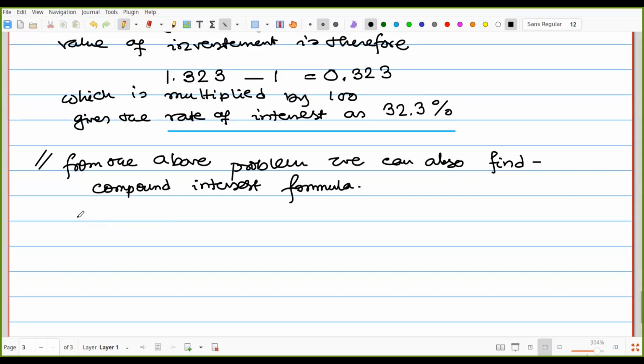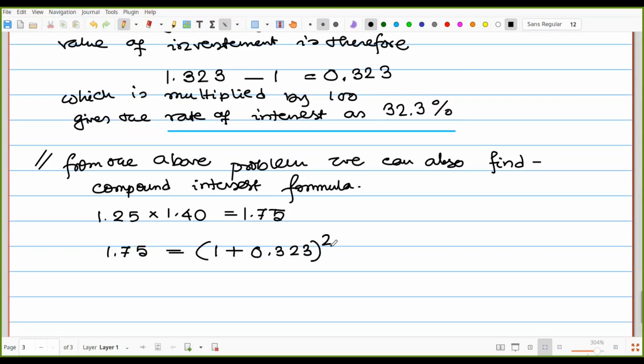That is 1.25 into 1.40, which gives us 1.75. If we want to write that 1.75, that would be discussed today after some time, but I am just writing here that it can be written as 1 plus 0.323 whole square.